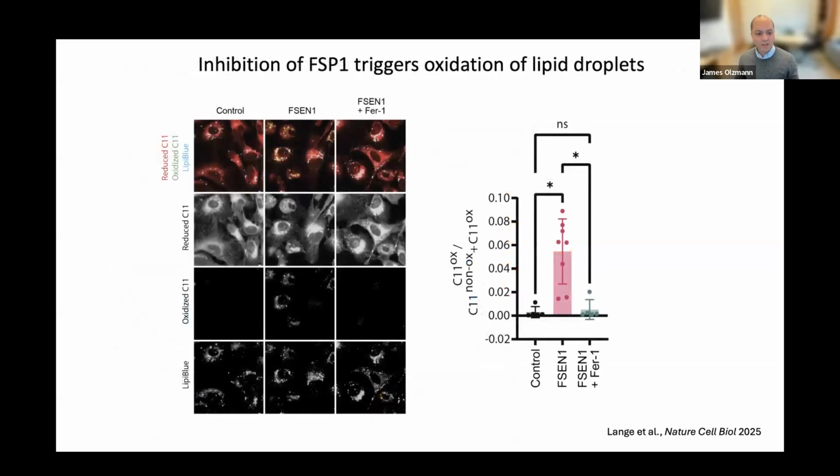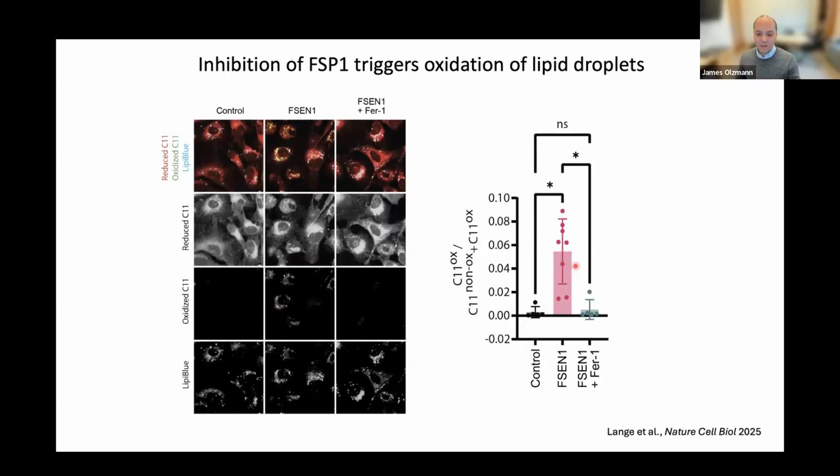We could also confirm that these oxidized lipids are accumulating in lipid droplets. So we did these imaging studies using BODIPY C11, which under oxidized conditions fluoresces in a unique wavelength so we can detect these oxidized lipids. So this is an indirect reporter of lipid oxidation. And what we saw is when we treated with an FSP1 inhibitor called FSEN1, and I'll come back to this molecule in a few slides, we started to accumulate increased signal within these cells, and this signal was shown to be punctate and overlap with our lipid droplet marker, LipiBlue.